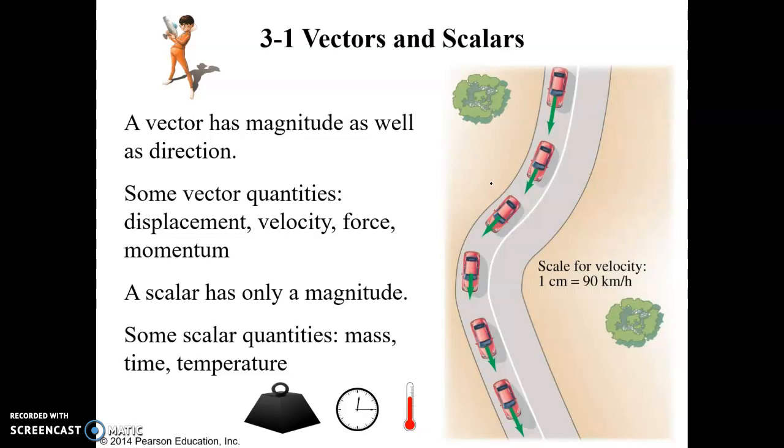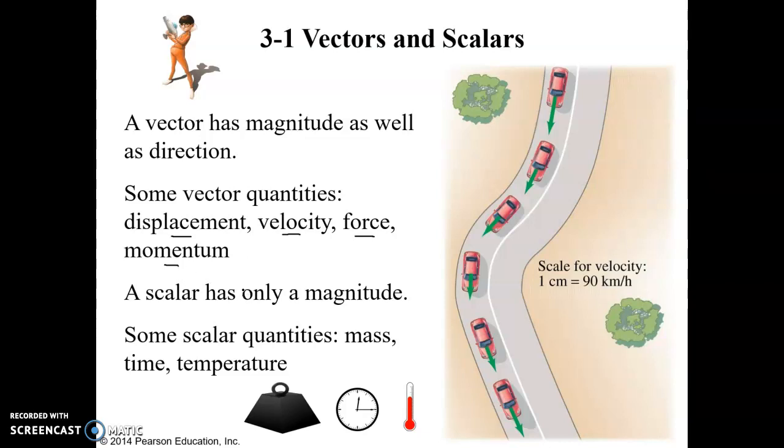And so we use vectors in physics class to describe things like displacement, the way something is moving, velocity, how fast it's moving. Force is a vector because it has a direction associated with it and magnitude.